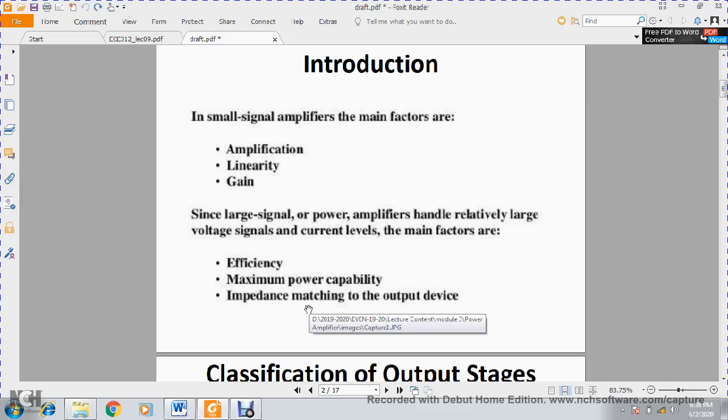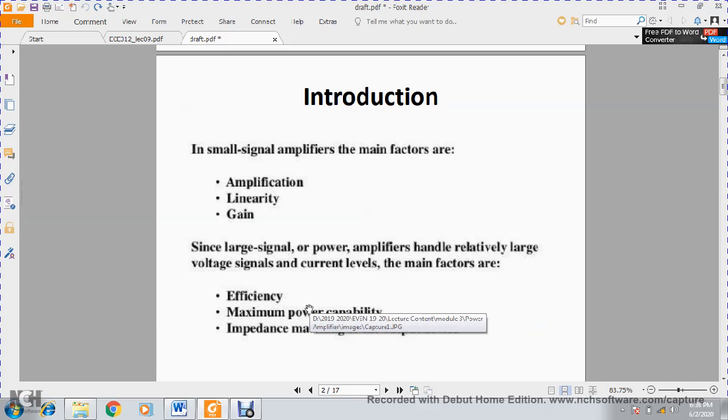One can classify amplifiers broadly as small signal amplifiers and large signal amplifiers. Usually when we say amplifier, we refer to a small signal amplifier. A small signal amplifier is one wherein the input voltage is in terms of millivolts or microvolts and the output is in terms of volts.